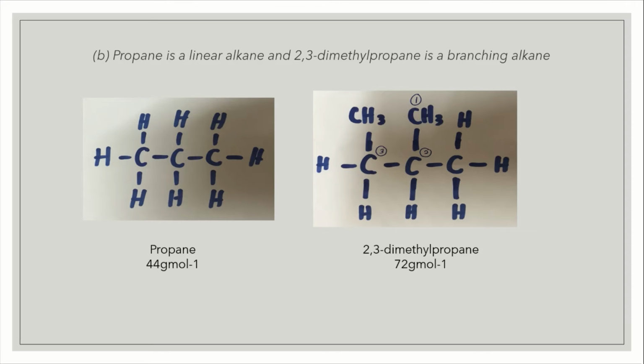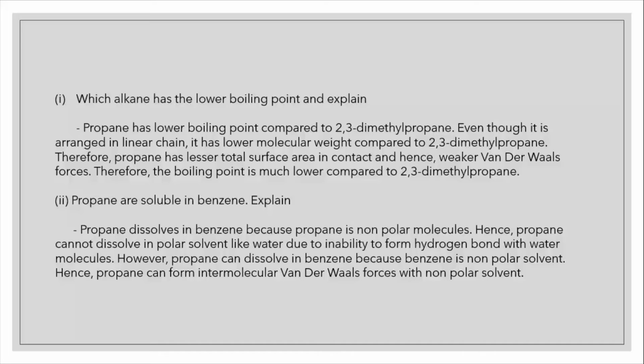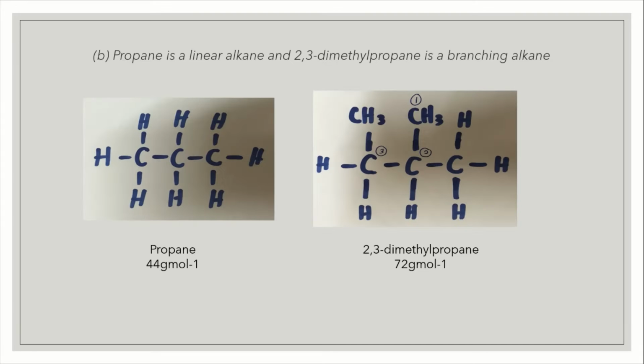So as we know, the factors affecting the boiling point of alkane will be the molecular weight as well as the molecular shape. As you can see here, propane's weight is 44 gram per mole, and the 2,3-dimethylpropane weight is 72 gram per mole.